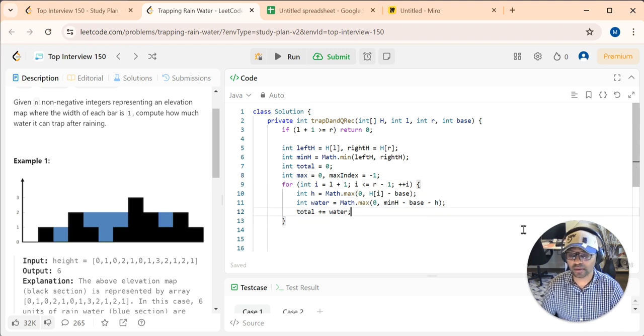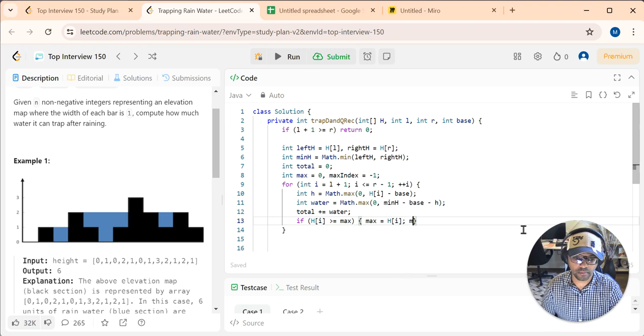And then if max is, or if like the, oh, in this case, we don't want the base adjusted height, right? We want the usual height of the ith one, and if that is bigger or equal to max, then we say max equal to, actually, is it bigger or equal to or bigger? Yeah, it just needs to be bigger, right? So h of i, and then max index equal to i.